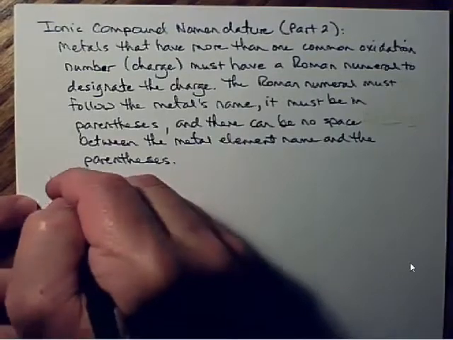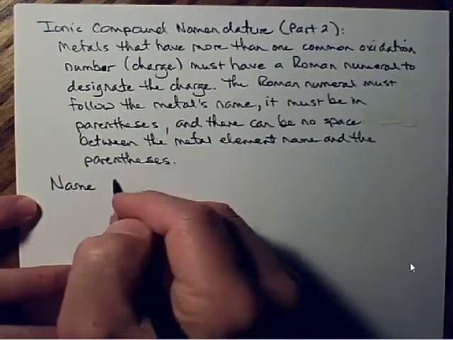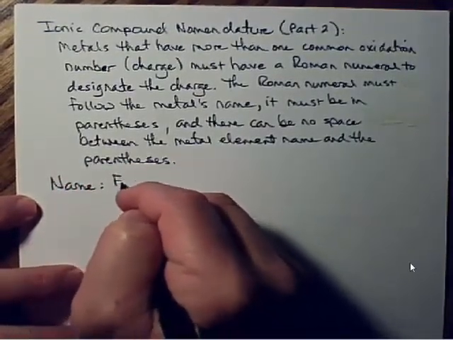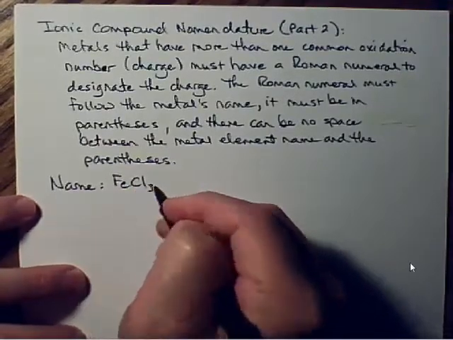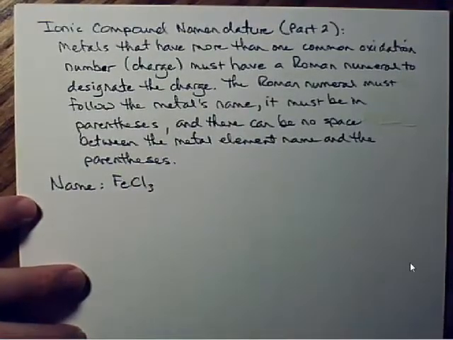So here's an example. We're going to try to name this compound. Iron has more than one common oxidation number. It can either have a 3+ charge, or it can have a 2+ charge.